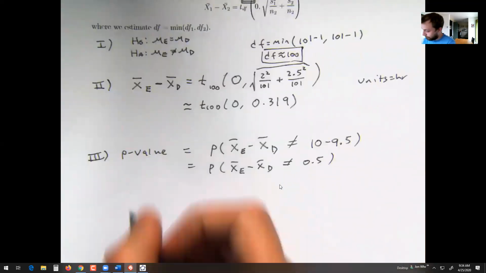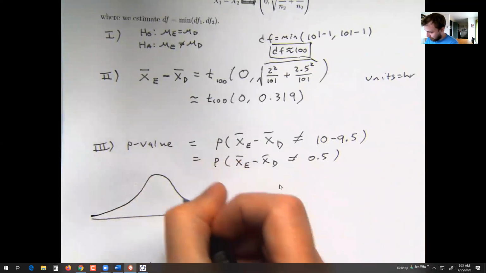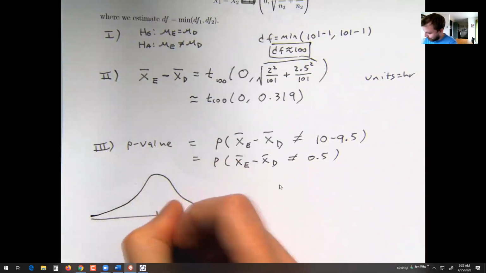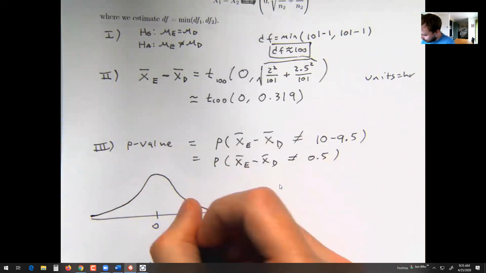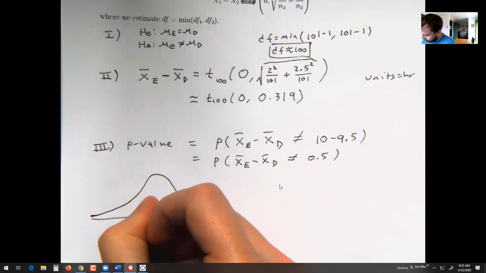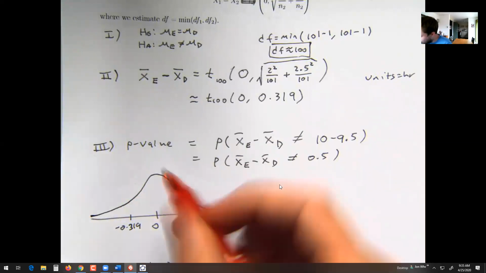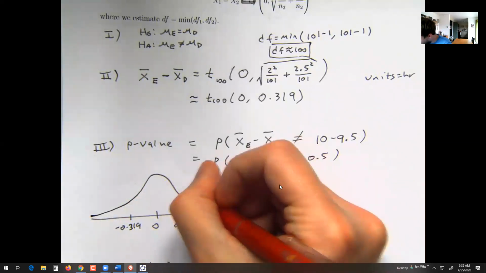So when I draw my curve, I got 0 in the center. I'm counting by 0.319. And the value that I detected for a difference was 0.5.